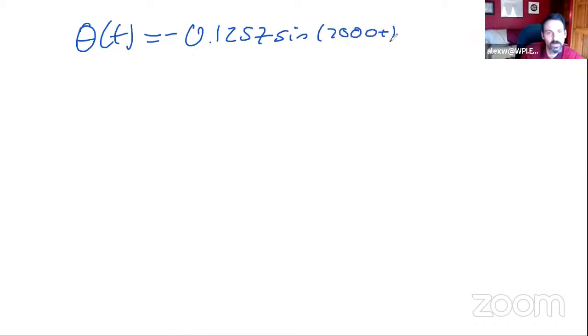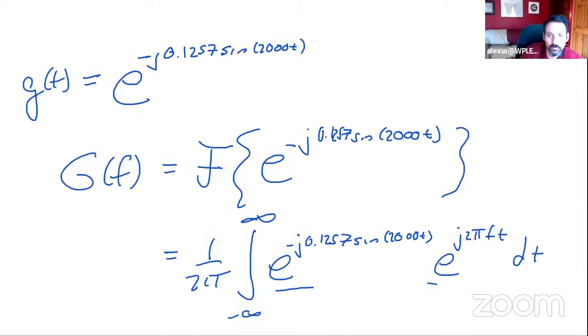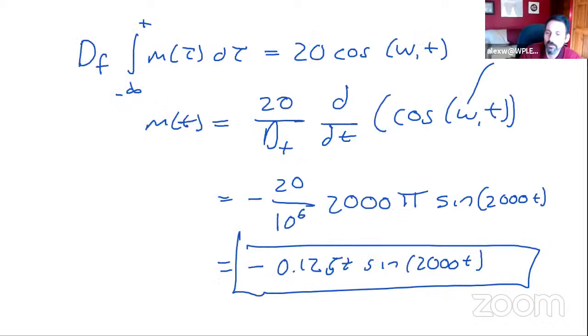Theta t is equal to minus 0.1257 sine 2000 t. Did I forget a j? Let me see. Nope, no j. Awesome sauce.